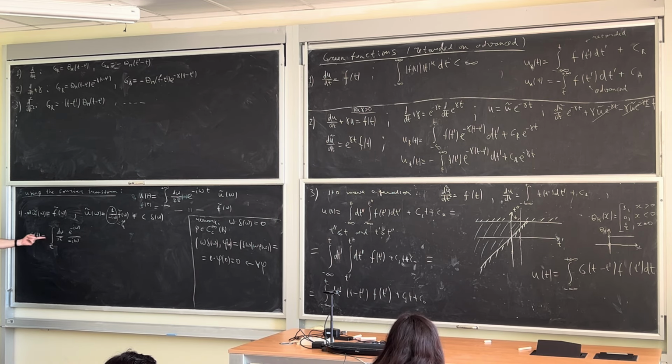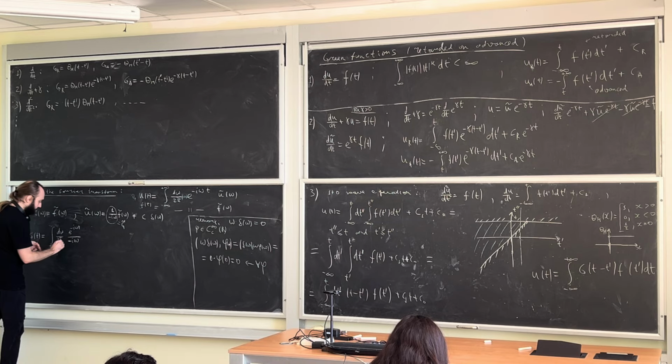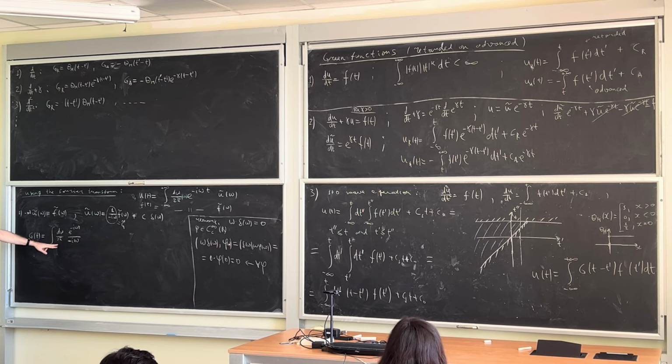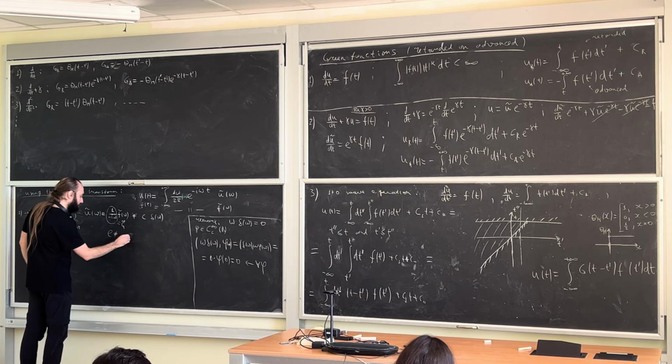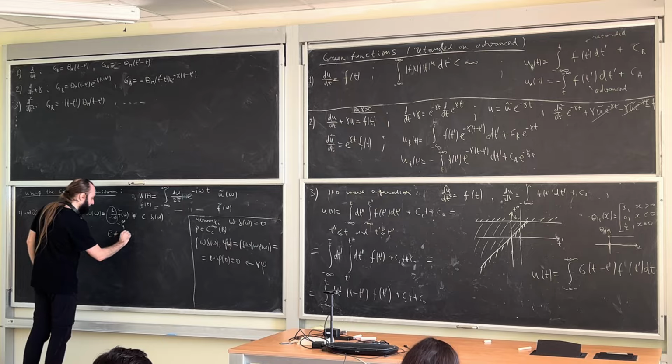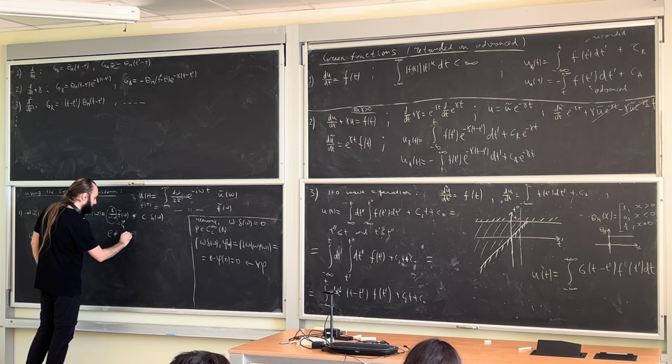The problem is that if you try to integrate naively from minus infinity to plus infinity, this integral does not make sense. They are just at zero. So this contour cannot be chosen as an integral from minus infinity to plus infinity.